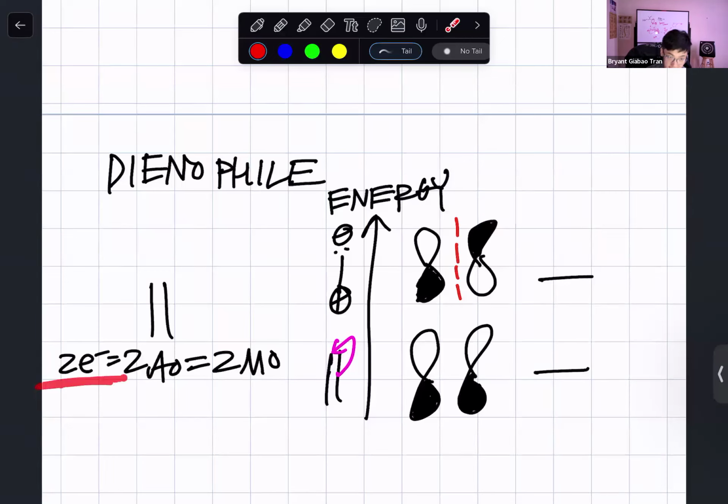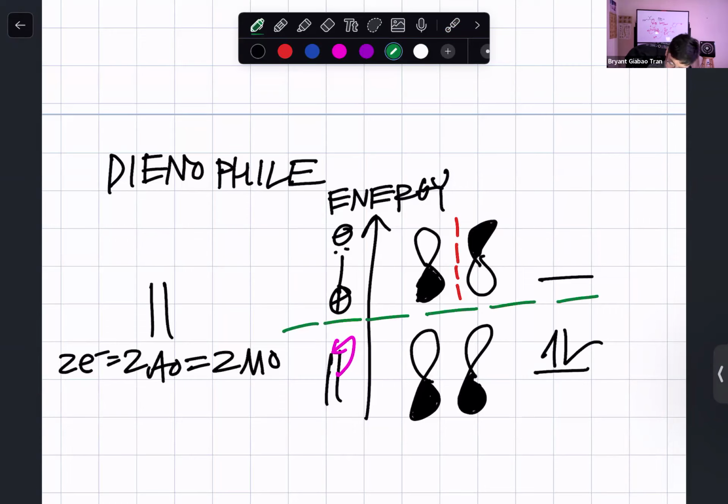And we said that there's 2 electrons in the system. So let's fill in those 2 electrons in the molecular orbital, right? 2, and we're done there. Now, this is the occupied region, and this is the unoccupied region.